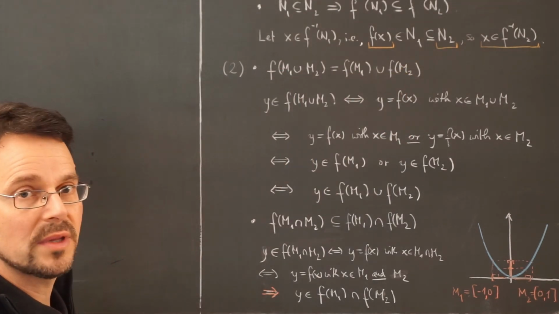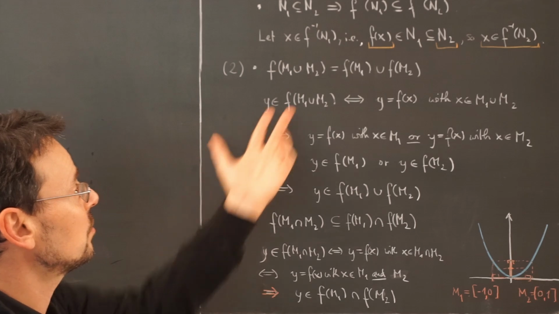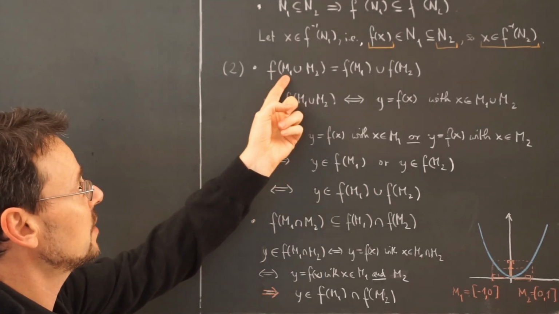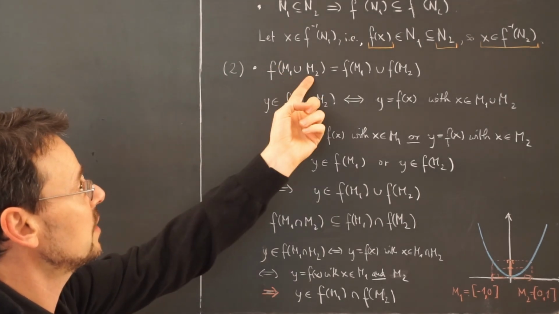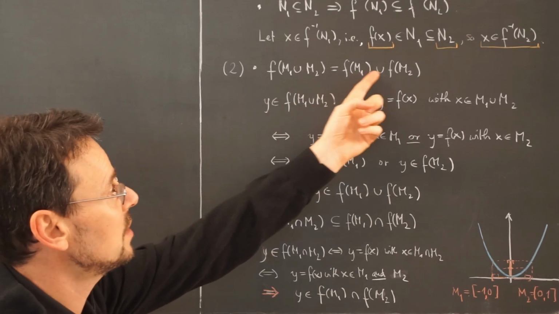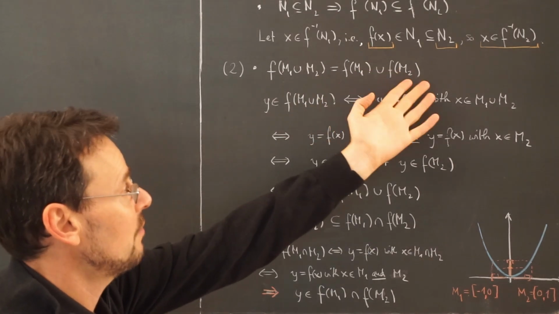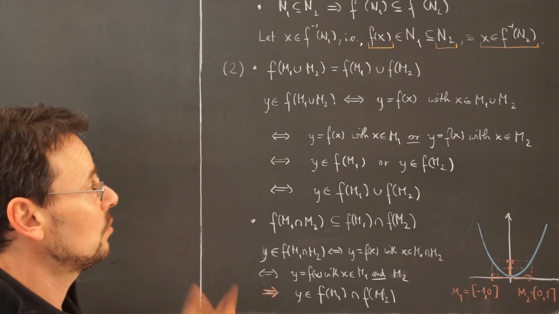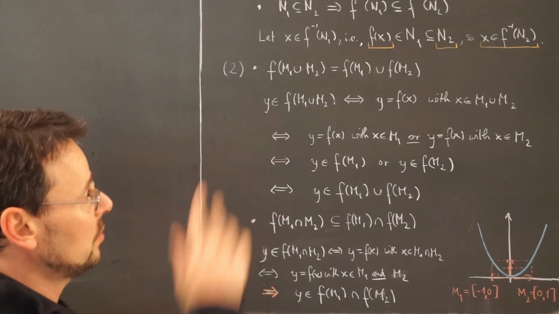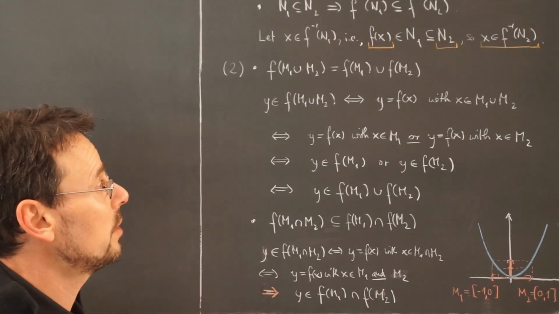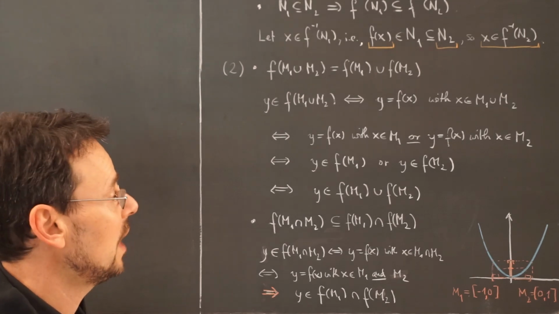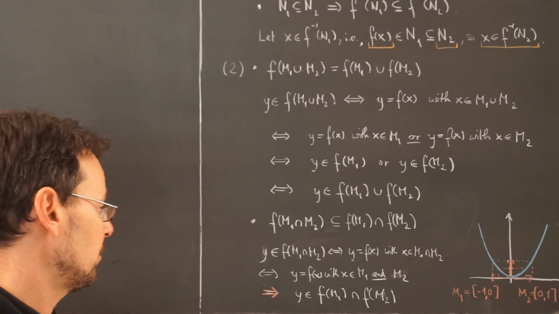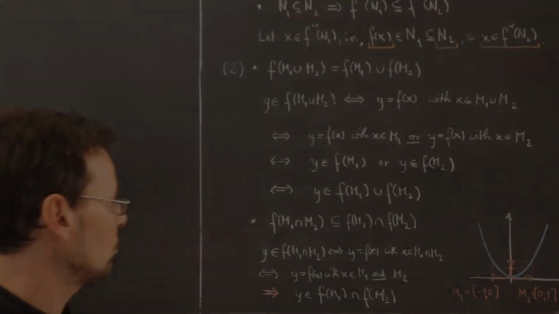If you want to include the case of empty sets, then it's also true. If, for example, M1 is the empty set, then this union is M2. This here is the empty set union f of M2, so simply f of M2 equals f of M2. So here we have no problem at all, even with the special case of empty sets. All right. Now this is the correct proof.